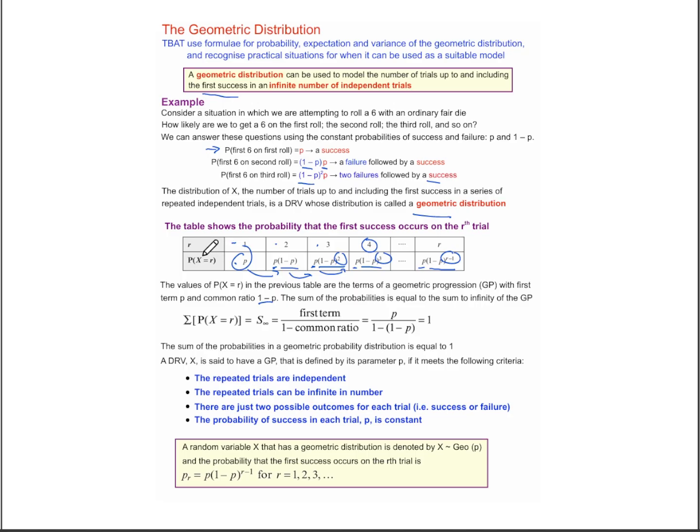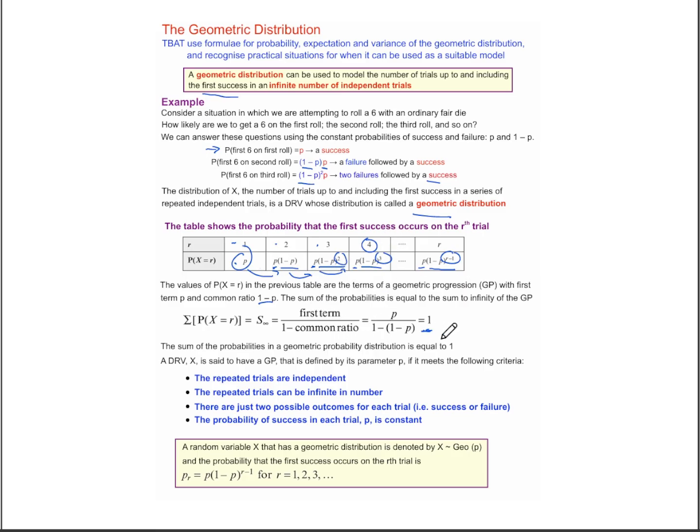And to find the sum of all the probabilities, remember, you can go to infinity because they are infinite repeated trials. You will just take your a, which is the first term, over 1 minus r, which is your common ratio. So p over 1 minus (1 minus p), which just gives you 1. So the sum of all probabilities here will equal 1.